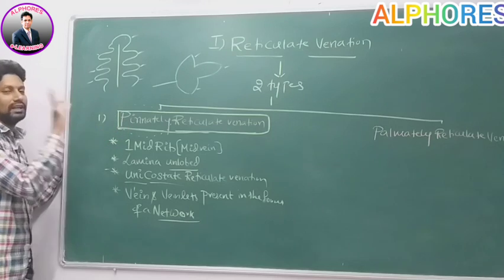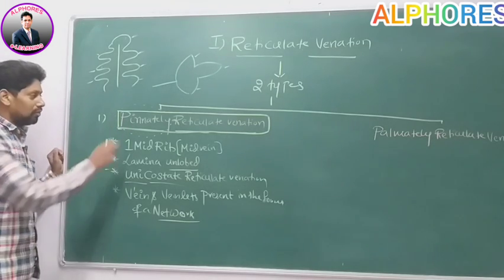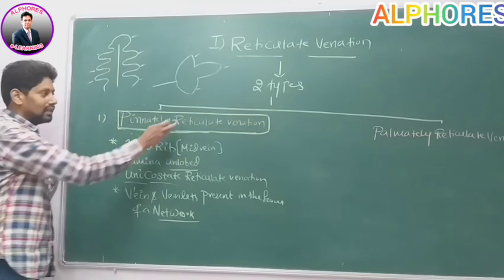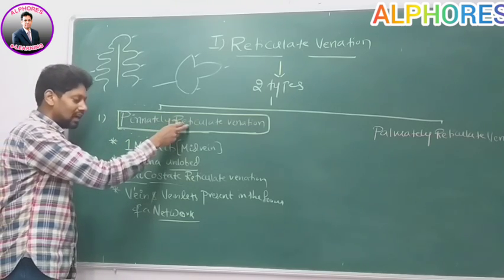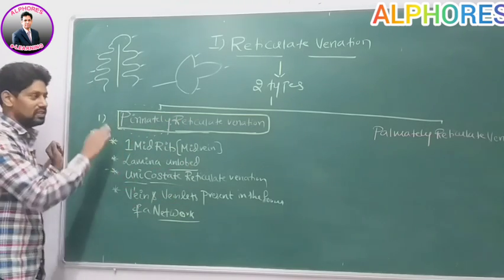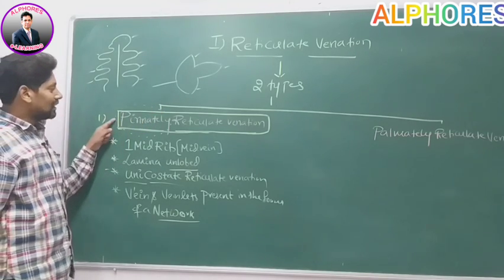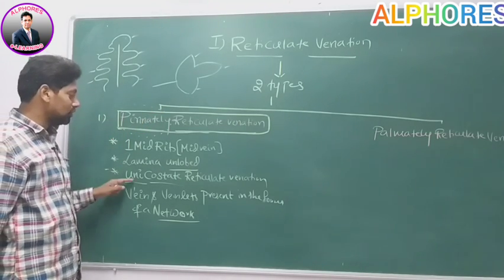This is pinnately reticulate venation. Very simple. Pinnately, one midrib present, lamina is unlobed. Reticulate, veins and veinlets are arranged in the form of a network.